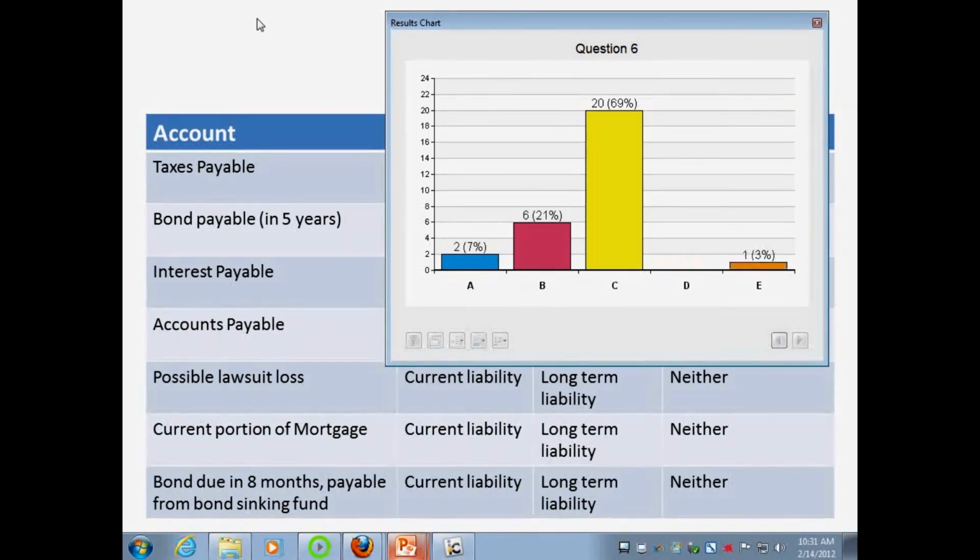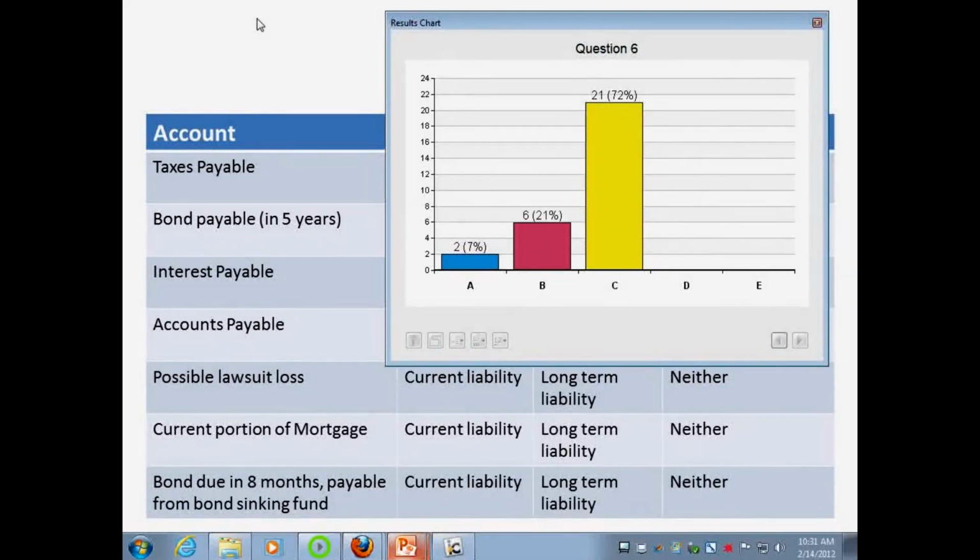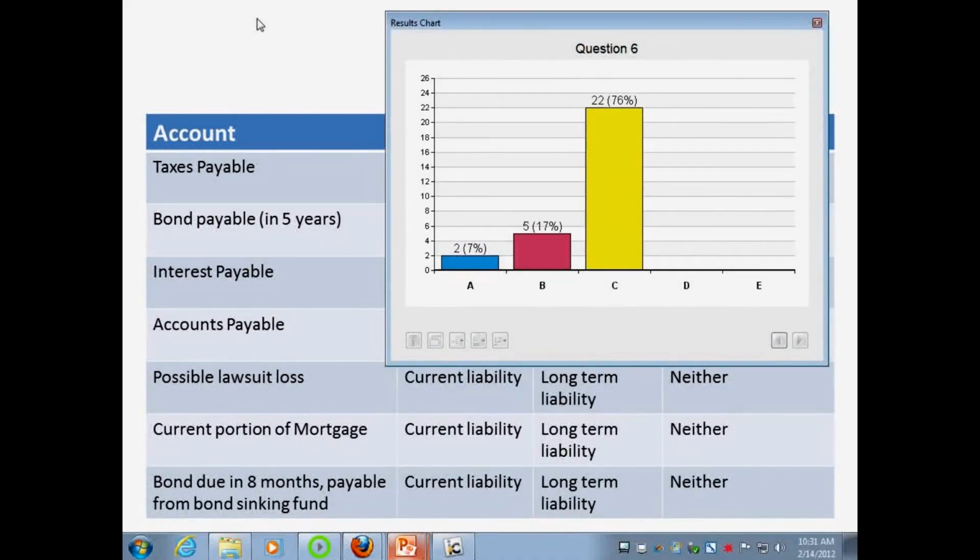So in order to record a loss for a lawsuit, it has to not only be measurable, but it has to be probable. So possible is less than probable, right? There's no numerical definition, but probable is more likely than possible. So if it's only possible, you wouldn't include it.